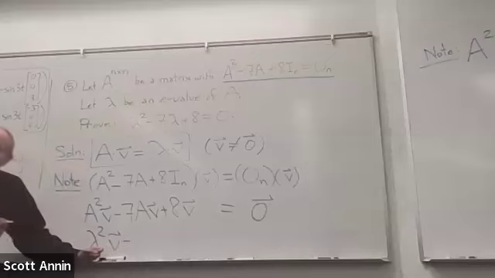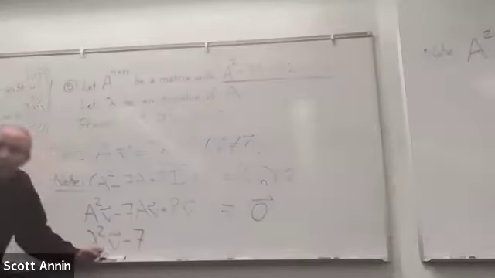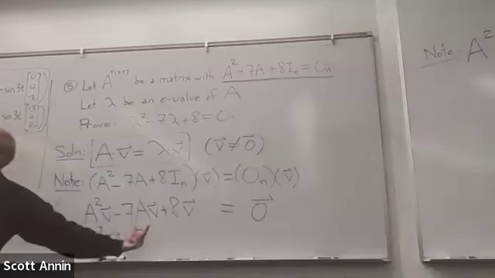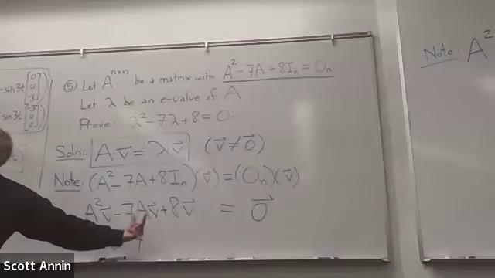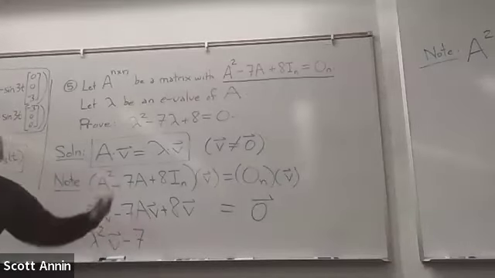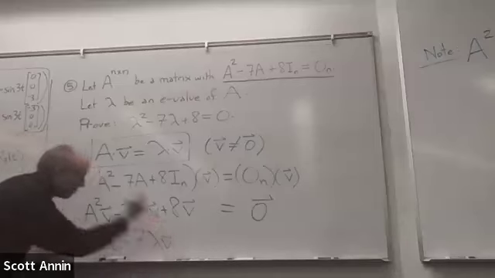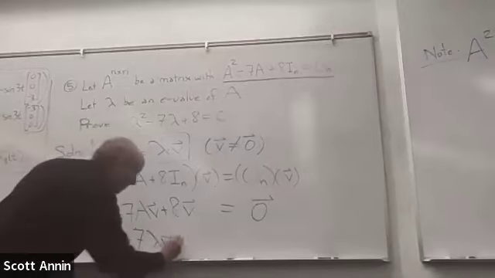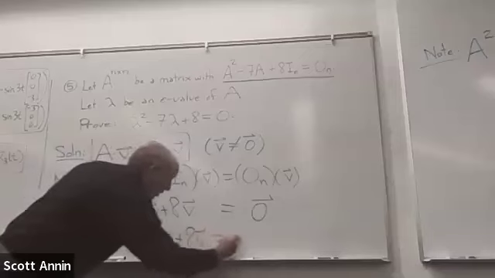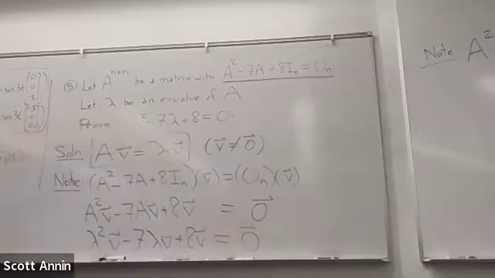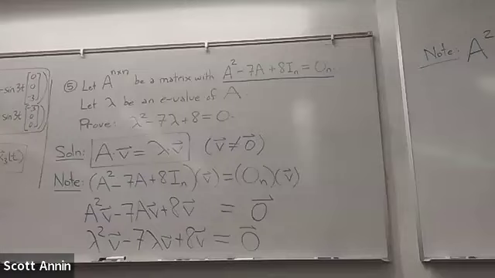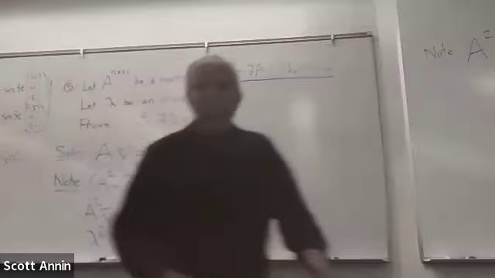And then what do I have after that? I have minus 7 times, oh, here's Av again. What am I going to do with that? Lambda v, right? So change that to lambda v as well. And then we have plus 8v. And this is all still going to be equal to 0. Nice.